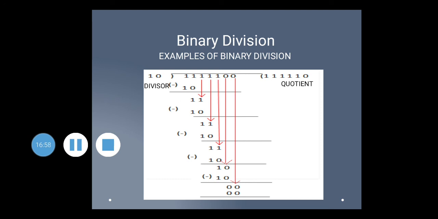The divisor is 10, the dividend is 1111100, and the quotient is written on one side. So you will go on as you do in decimals. The subtraction is done using binary subtraction rules.